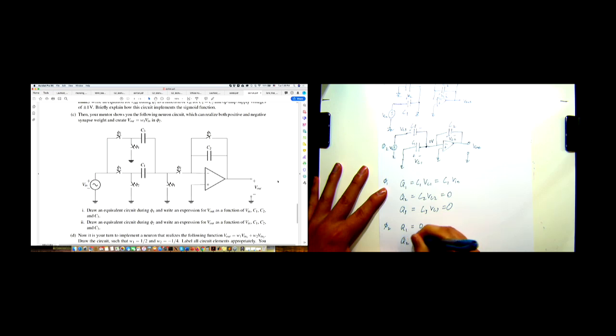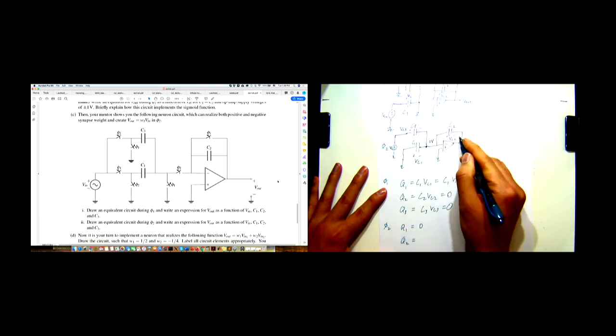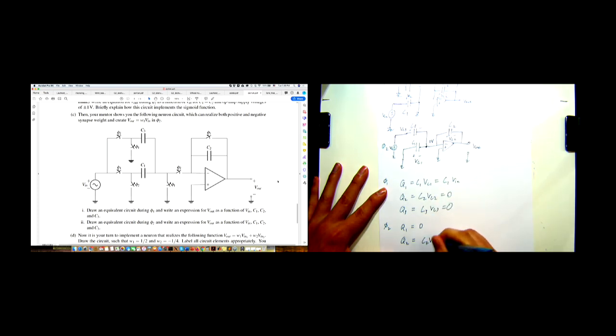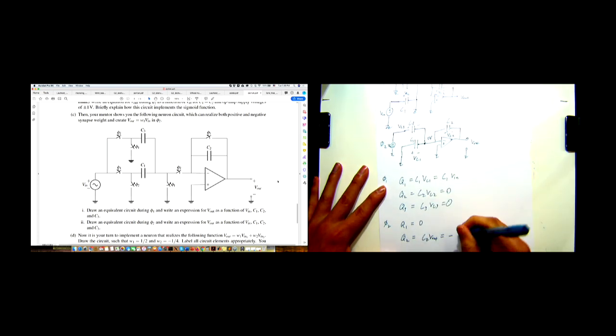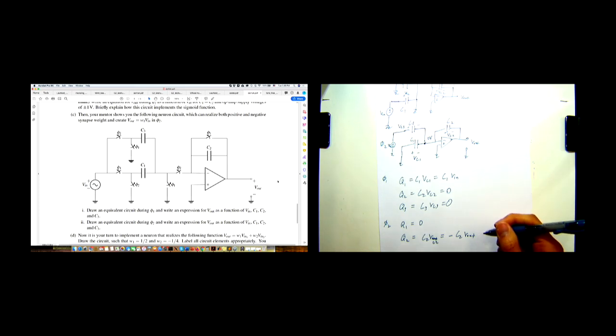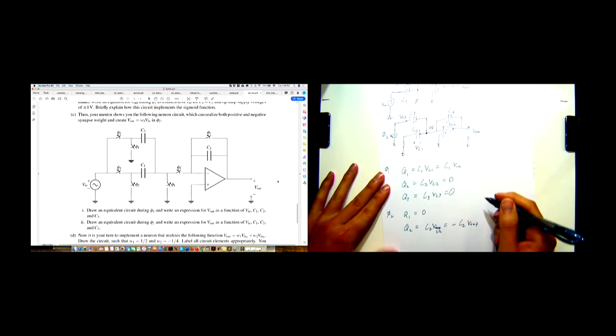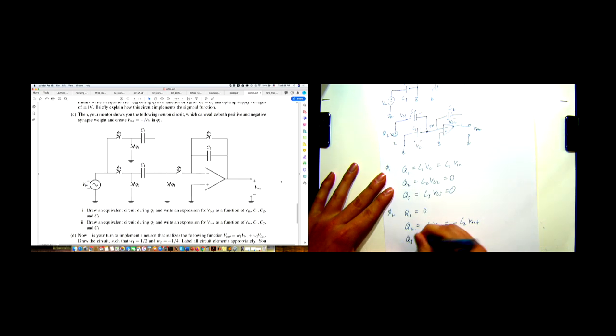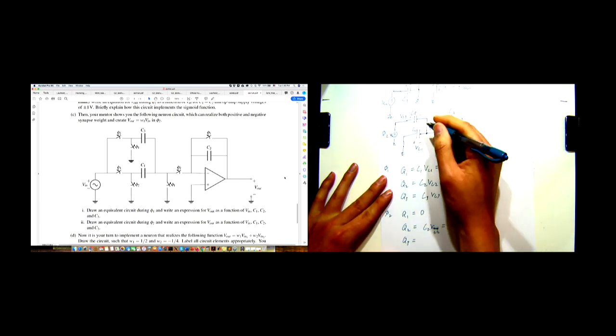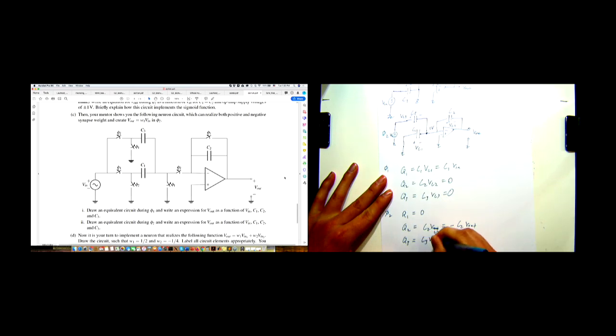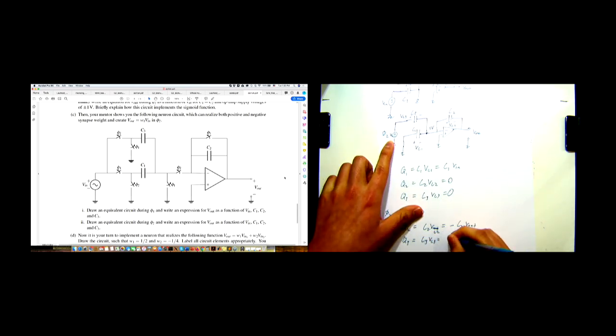The charge on capacitor 2 is C2 VC2, which is negative C2 V out. And then the charge on capacitor 3 is C3 VC3, which is equal to C3 Vn.